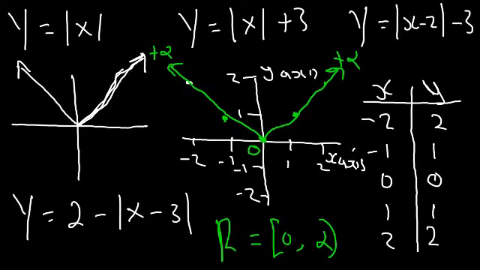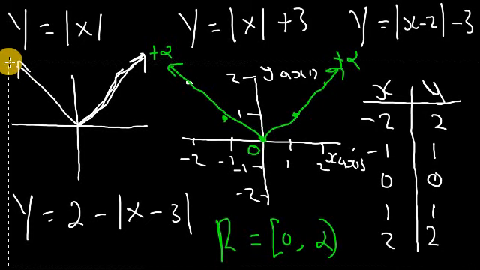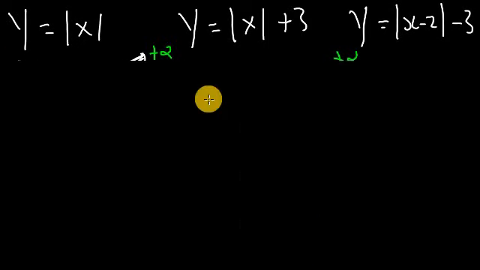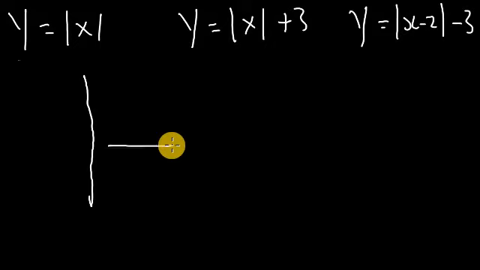Let's consider the second one and see the difference between the diagrams. For the second one, I have y equals the absolute value of x plus 3. This 3 is serving as the intercept along the y-axis, so the graph will look something similar to this.